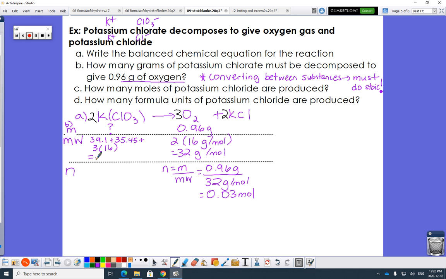Or you can just write the answer. Yes. Yes. So you're just looking at the substance, not the coefficient. Because we're going to use the coefficient in the ratio.